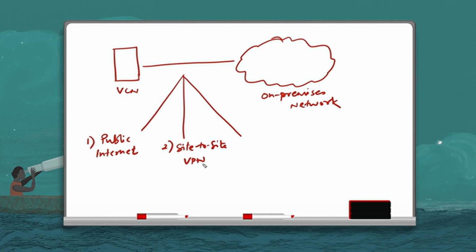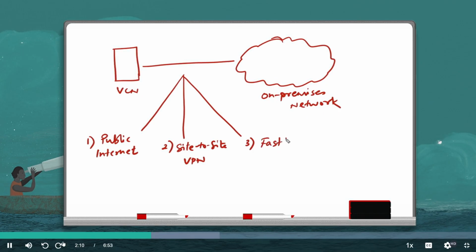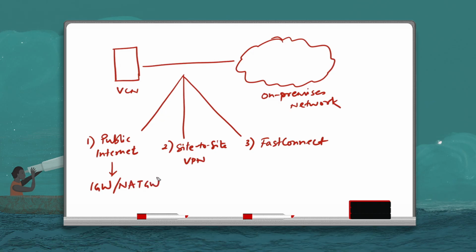And the third option that you have is Fast Connect. So in case of public internet, we typically use gateways like Internet Gateway or NAT Gateway. And then we can configure connectivity over the internet. In case of site-to-site VPN, it's basically an encrypted connection. So in terms of security, it is a secure connectivity over internet, IPsec VPN.